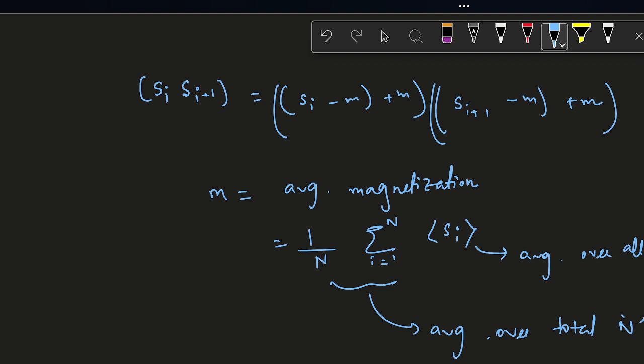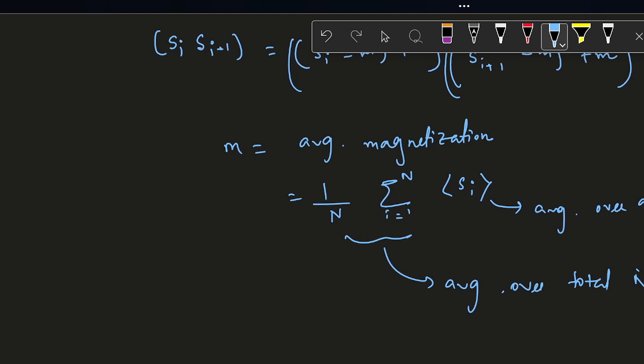So there are two kinds of averages going on over here. You have to take into account both of them, because one average is for all possible configurations when S_i can take two values, 0 and 1. And not only that, we also have to take into account the different spins, that is when i varies from 1 to n, and you take the average by taking a summation and 1 by n. So this is your average magnetization.